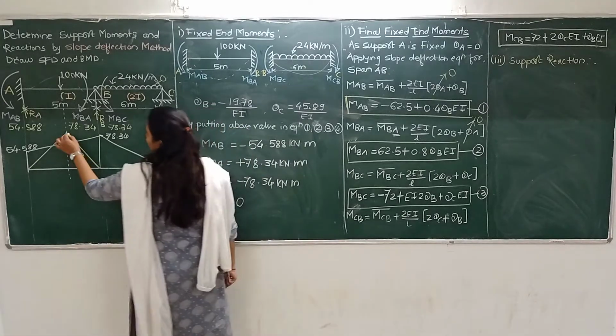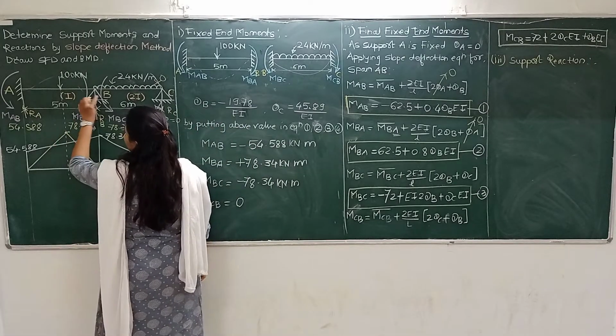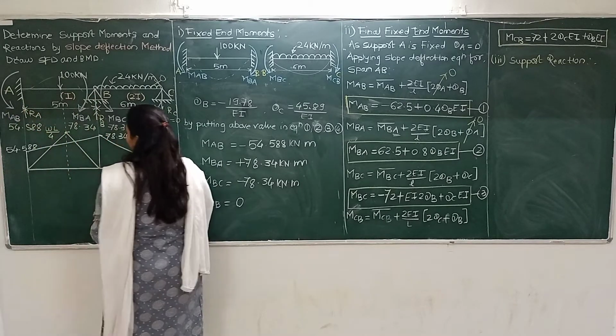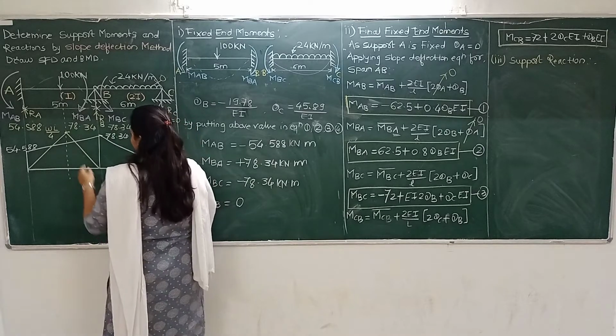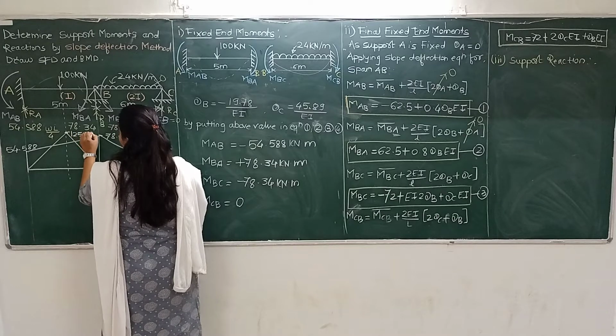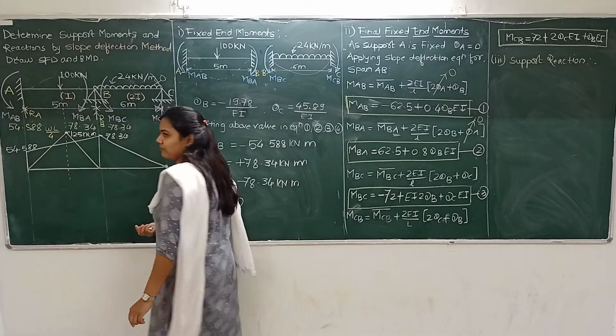The value of the free bending moment, considering the AB span as simply supported, is WL by 4, which here comes to 125 kN-m.